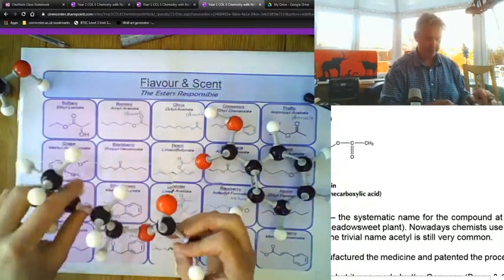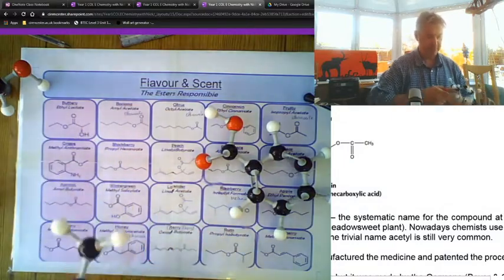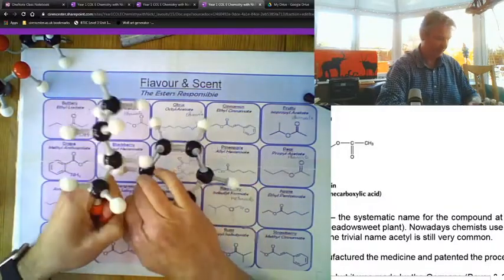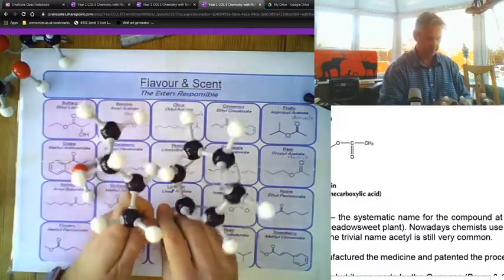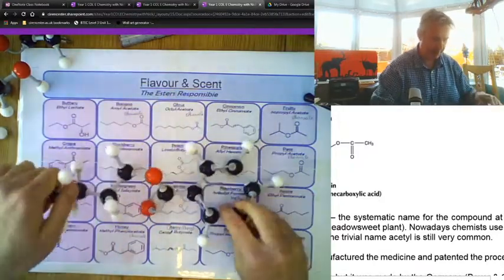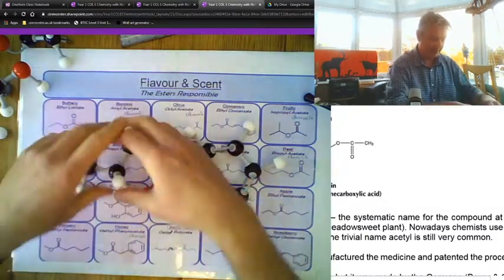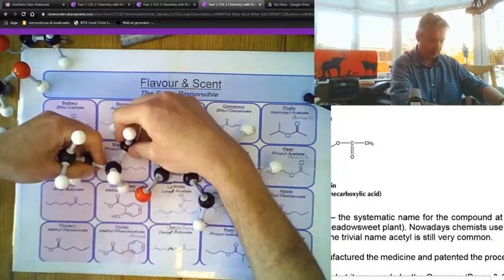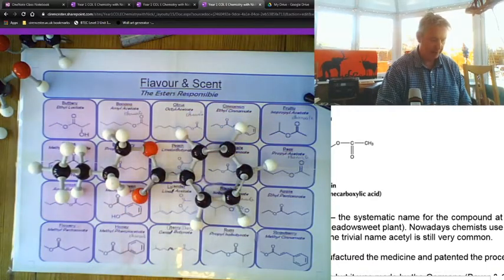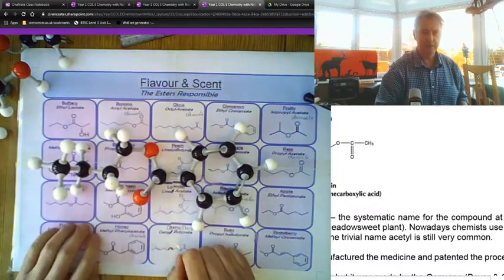Here is the ethanoate, so I'm going to replace it by taking that off, taking this off, and now I would have butyl benzoate. So here, this has come from the butan-1-ol. This has come from the benzoic acid. So this would be butyl benzoate. And I think that will do for now.